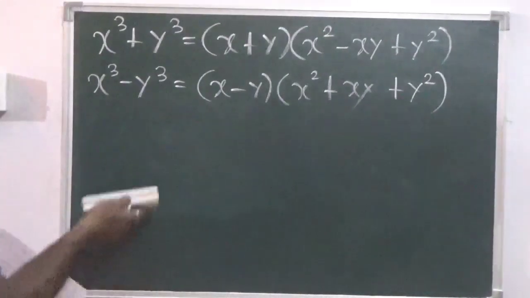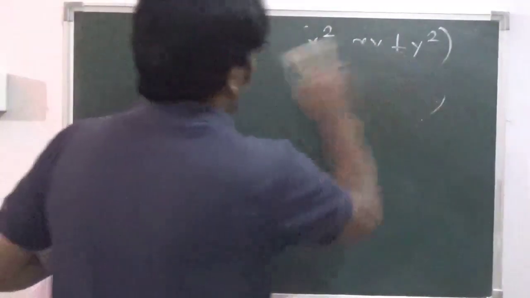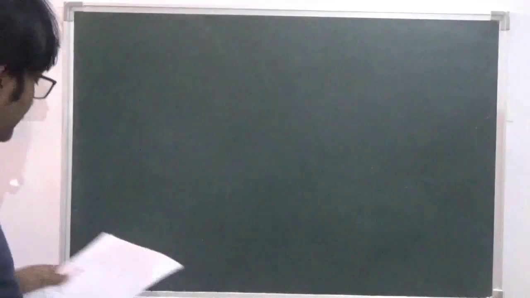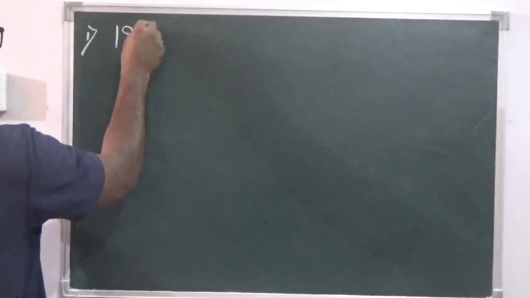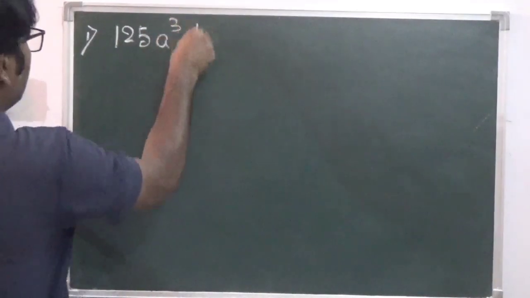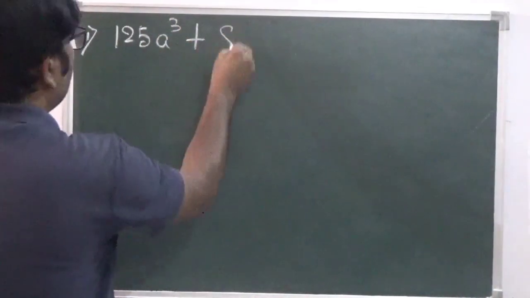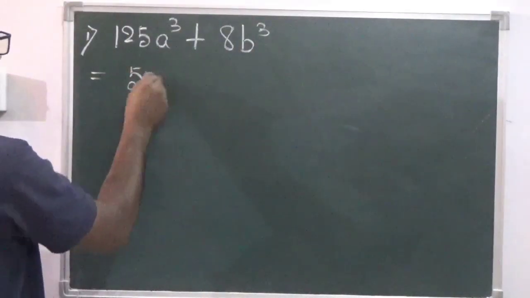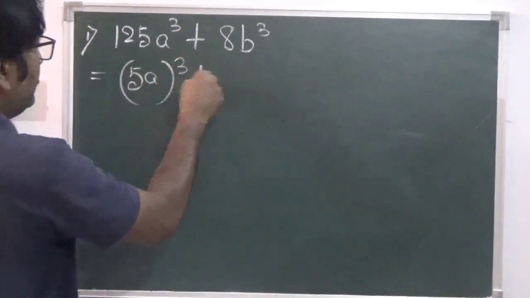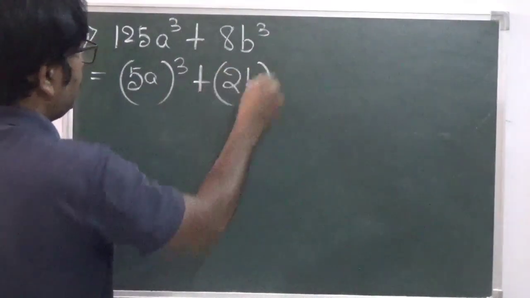So the first question on this is 125a cube plus 8b cube. So this we can write as 5a whole cube plus 2b whole cube.